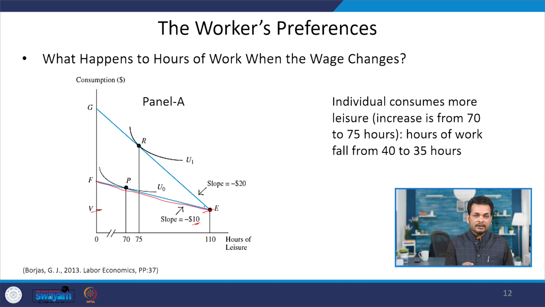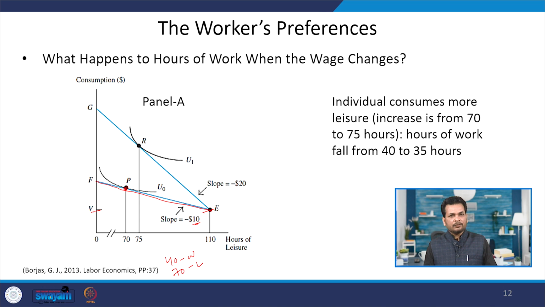and the worker is initially at a point of equilibrium at point P, where he maximizes his utility by working 40 hours or having 70 hours of leisure. Now, the wage has increased from 10 to 20.